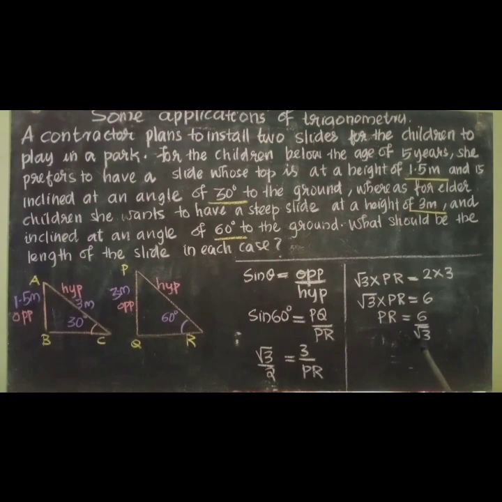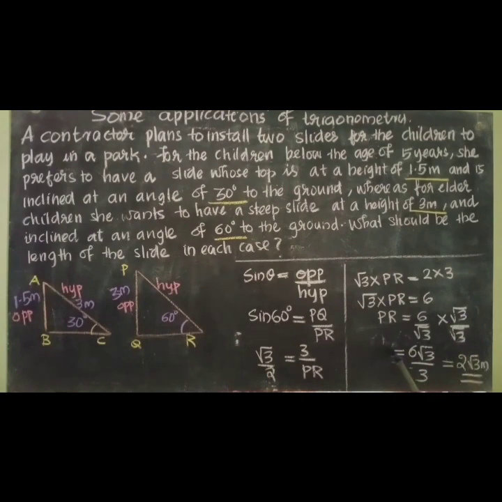Now you can see the denominator is an irrational number. Let us rationalize it. How can we rationalize it? Multiply it with root 3 by root 3. So that is equal to 6 by root 3 into root 3 by root 3. Root 3 into root 3 is 3.